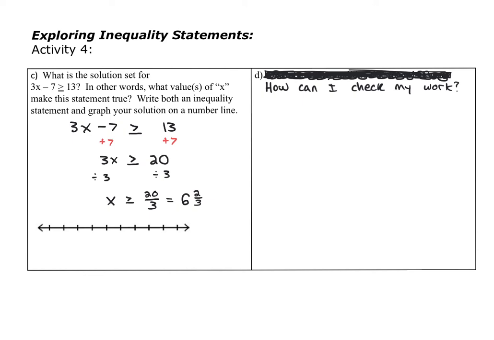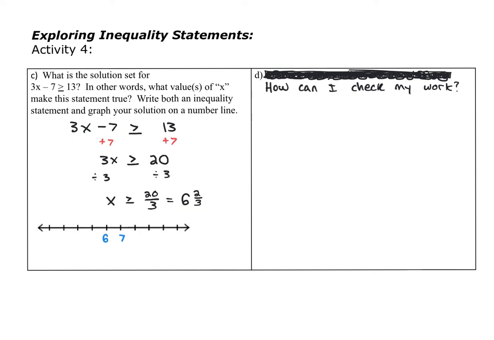Okay, let's graph it. So how are we going to graph this fraction on a number line? We're going to do the same thing. It might seem a little bit tricky, but we're going to do the same kind of thing. We know our boundary is between 6 and 7. So I'm going to put 6 on my number line, and I'm going to put 7 on my number line.